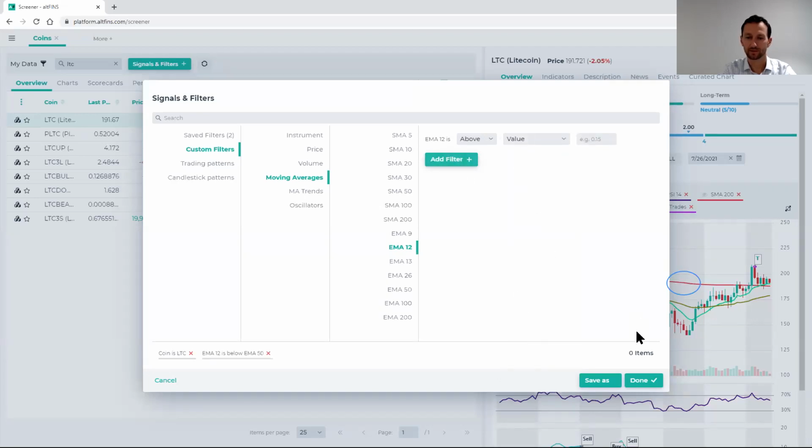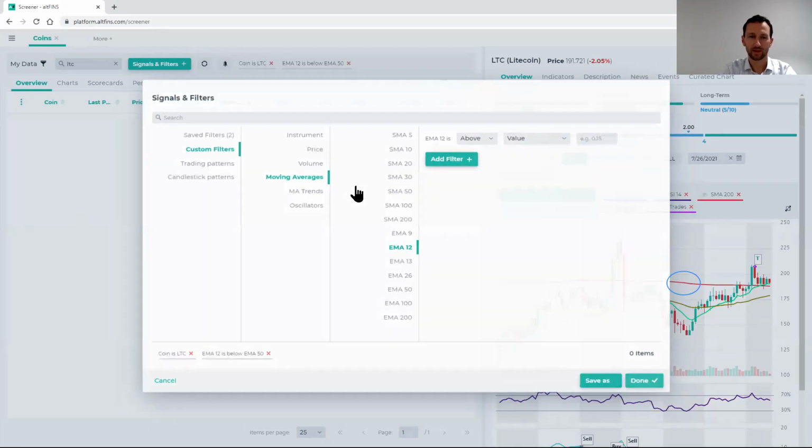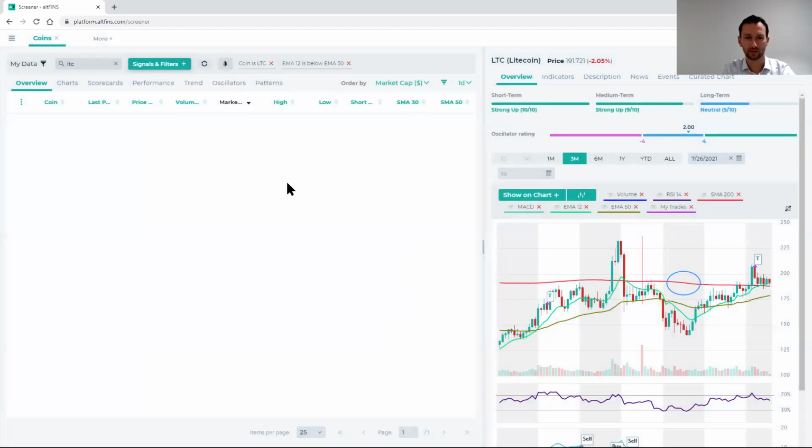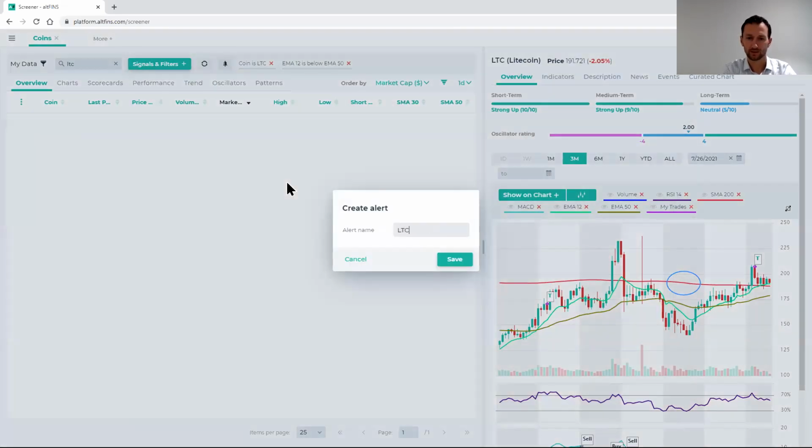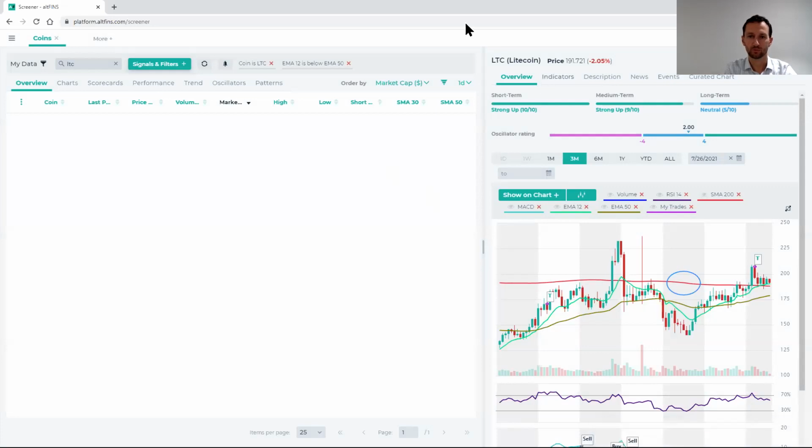I add that. Okay, so that will alert us. Now, if I create an alert, I'll say LTC EMA 12 under 50 sell alert. Okay, so the system will alert me when that condition is true.